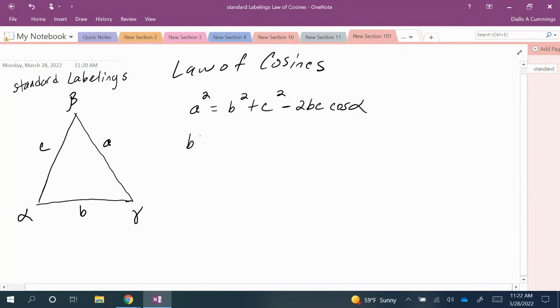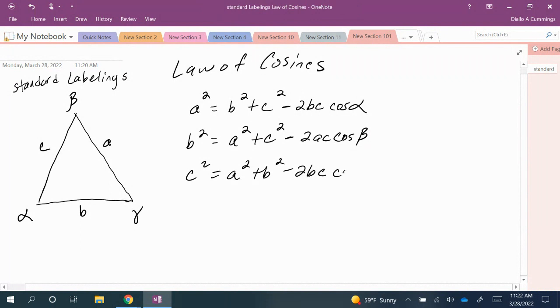The second formula is b squared equals a squared plus c squared minus 2ac times the cosine of beta. And the third, c squared equals a squared plus b squared minus 2ab times the cosine of gamma.